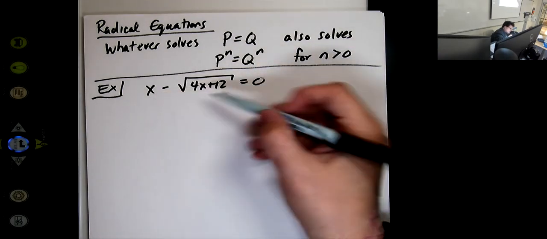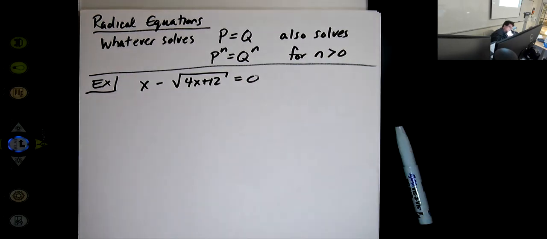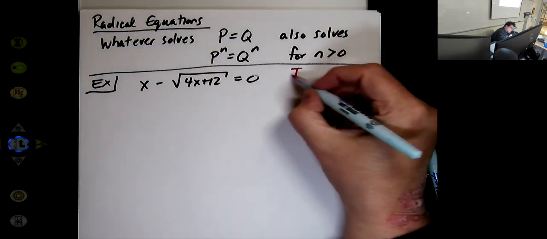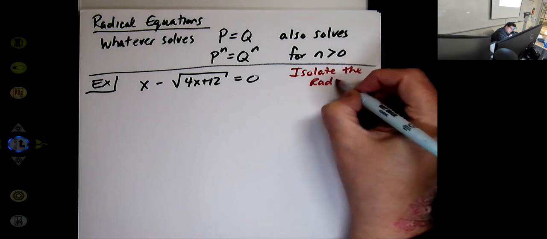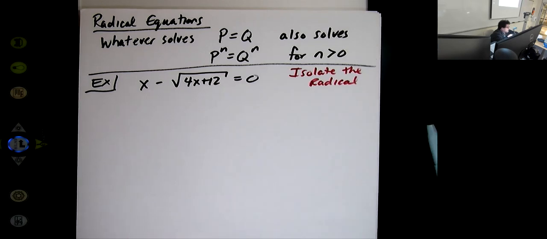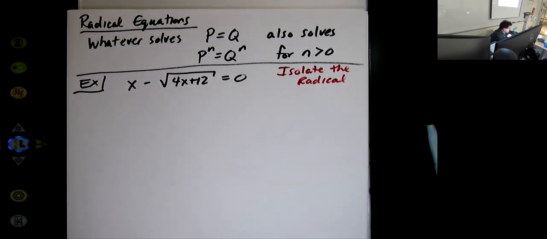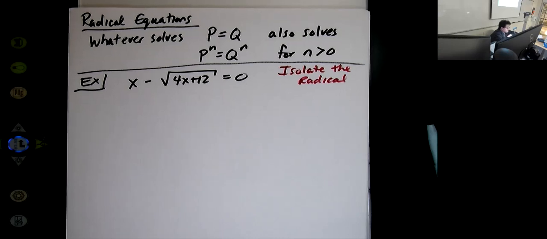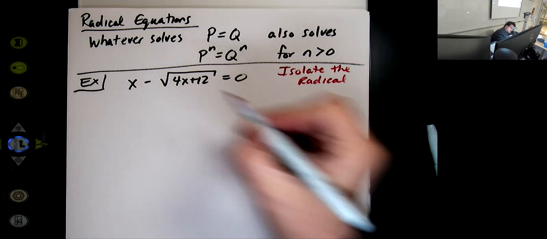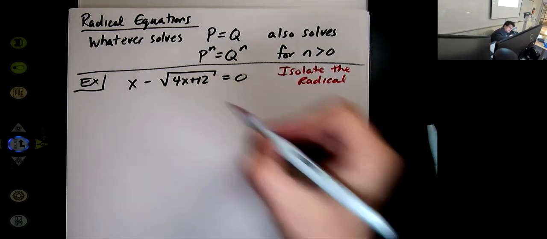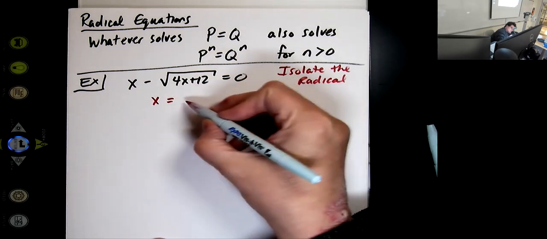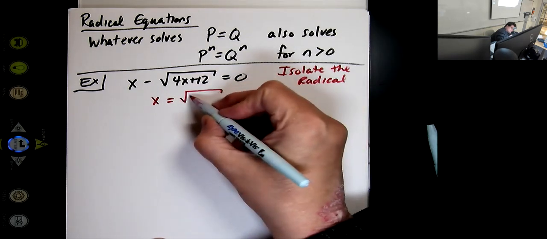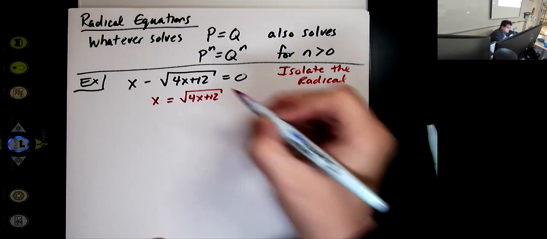The idea here is to isolate the radical. If you can, move it to one side. Not every example you can, we'll look at that in a second. So what that means is I will add the square root of 4x plus 12 to both sides, and I'll get x equals square root of 4x plus 12.